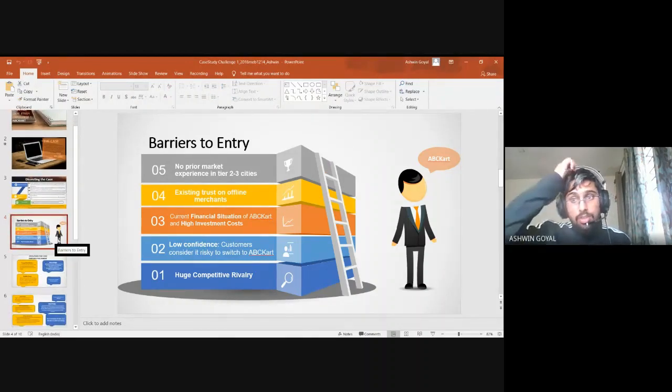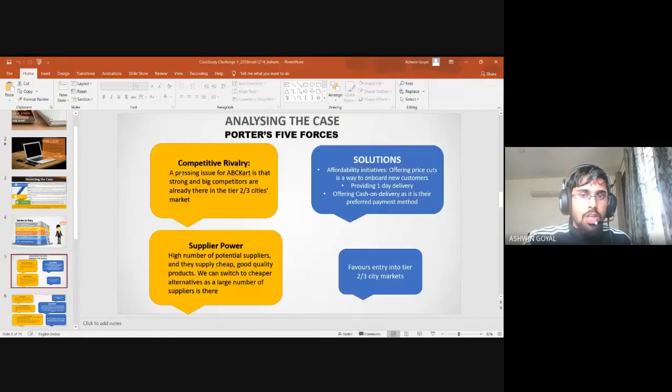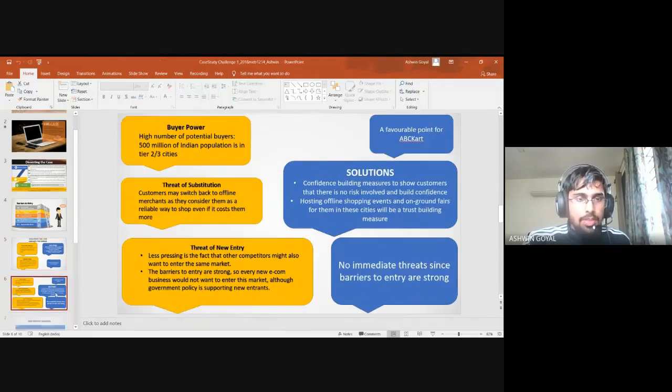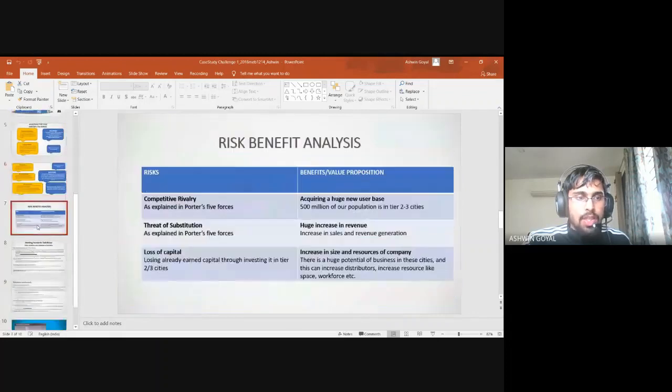Then since this is something like a market analysis framework, and I told you that Porter's 5 forces is one framework that we can use, I used Porter's 5 forces here. This is the problem, then this is the solution. This problem is basically one of the forces within the Porter's 5 forces. This is another force. And there's a solution to all of these things, right? So this is the Porter's 5 forces. Then I did a risk benefit analysis.